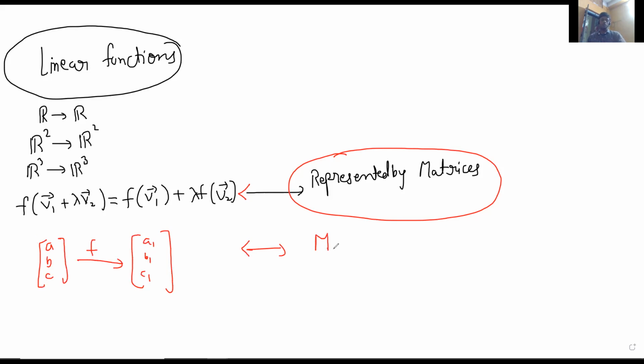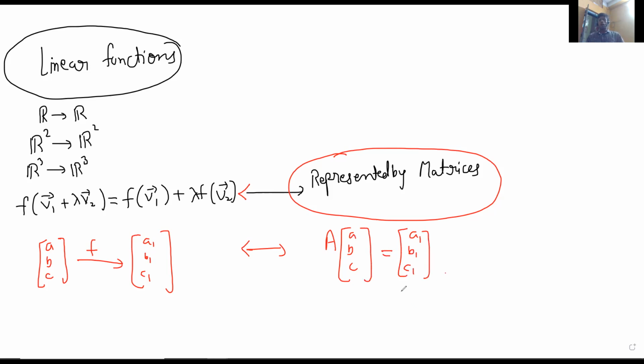Matrix M, or let's say matrix A, such that it does the same thing for all vectors. There's one matrix that works for all vectors, so this matrix does the job of this function.